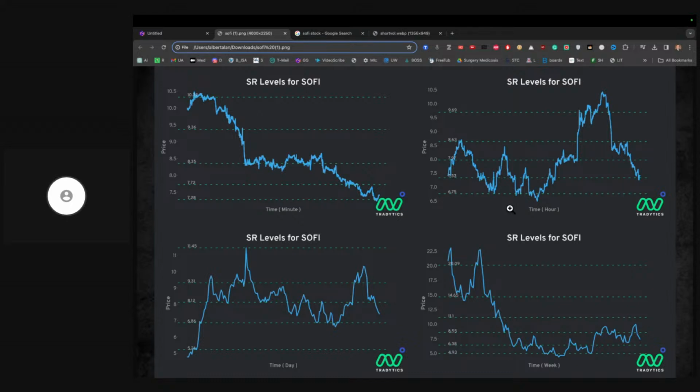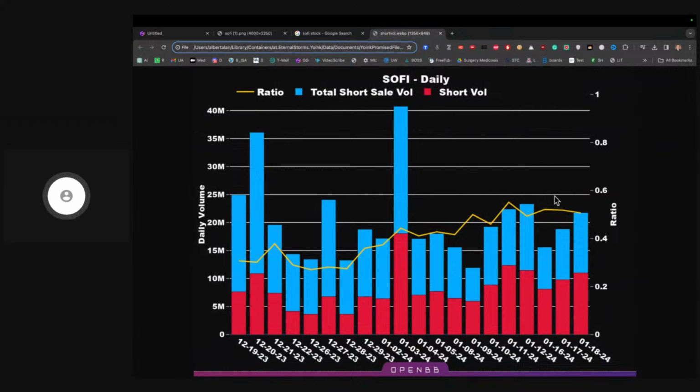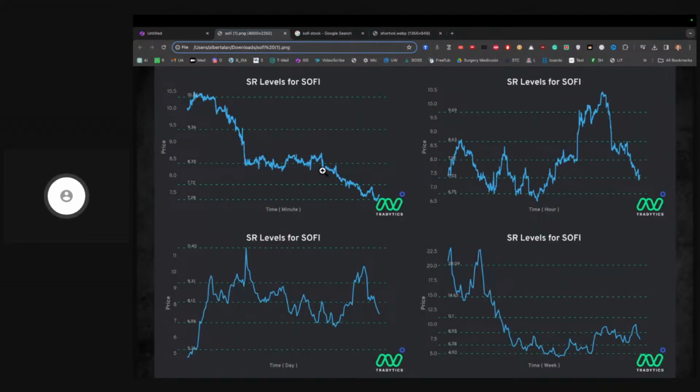I want to buy when people are sad, because I'm sure some retail investors don't know a lot about SoFi. They got in because of the hype, because it ran up to that $10 region, and now they're selling it off. The shorters here are taking advantage of that, and so am I, because I'm taking their shares.